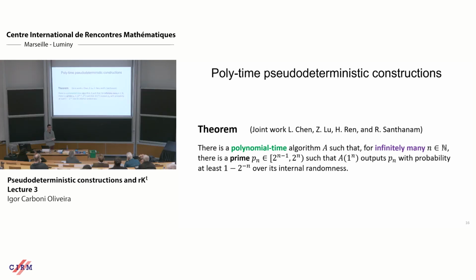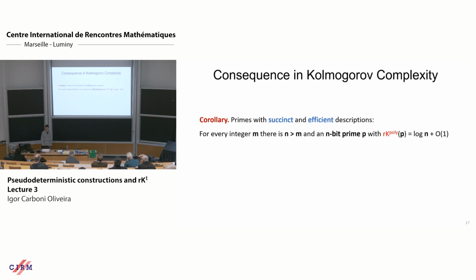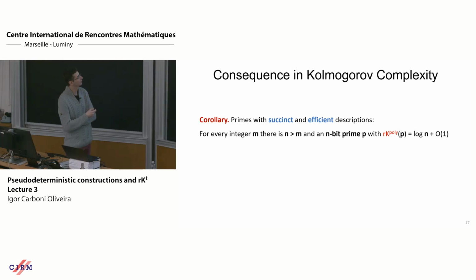Okay, so I'd like to sketch the proof of this result. But before, let me tell you about the consequence in Kolmogorov complexity. The following result follows from that theorem: there are infinitely many primes with succinct and efficient descriptions. So what do I mean by this? For every m, we can find n larger than m, and some n-bit prime p, such that the rKt complexity of p is at most roughly log n.